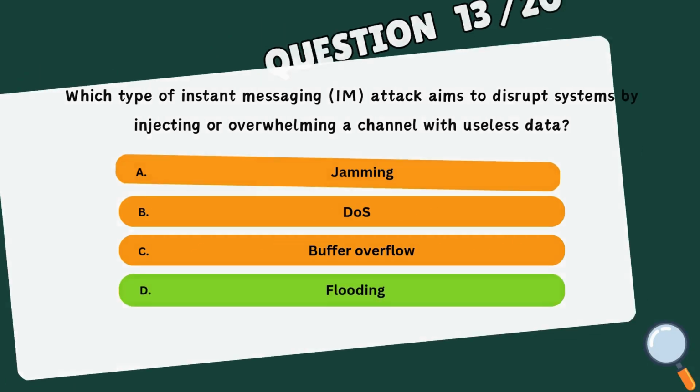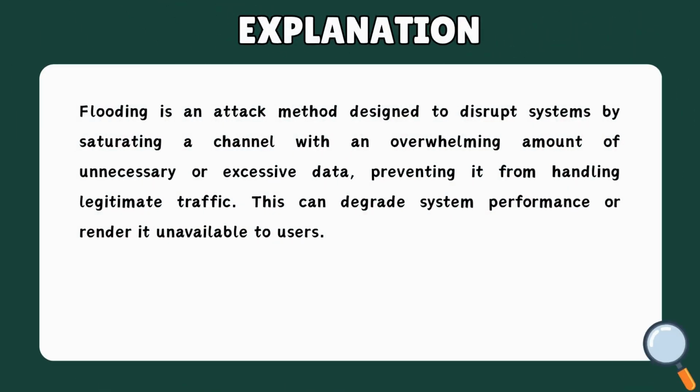D. Flooding. Flooding is an attack method designed to disrupt systems by saturating a channel with an overwhelming amount of unnecessary or excessive data, preventing it from handling legitimate traffic. This can degrade system performance or render it unavailable to users.